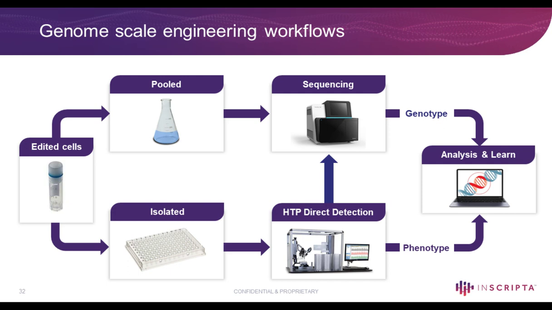And then we can also take all of those to sequencing and do a genotype on it. So we're really finding ways to wrap together the phenotypic response with the underlying genotype. And that allows us to open the doors to all these new discoveries.